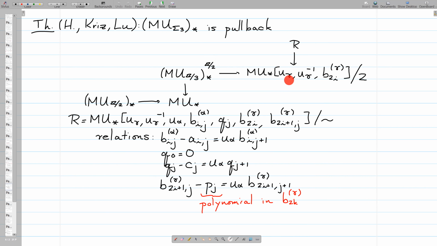You have the U gamma and U gamma inverse, and then the B gammas, but only with the even i's, divided by 2. And R is a ring that has both U gammas and U gamma inverse. So it's basically geometric fixed points with respect to gamma, but you still have your usual U alphas, with respect to the sign representation.